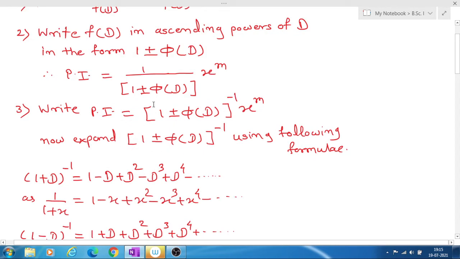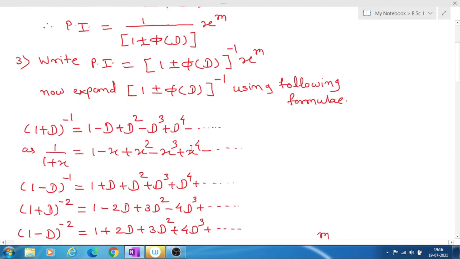Now this denominator, 1 plus or minus phi(D), take it to the numerator. So PI will be the bracket 1 plus or minus phi(D) raised to minus 1, since it comes to the numerator, so this power 1 becomes minus 1. So (1 plus or minus phi(D)) raised to minus 1 operates on capital X, that is x raised to m.